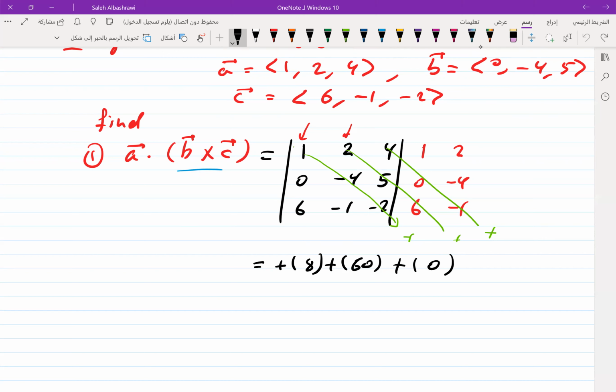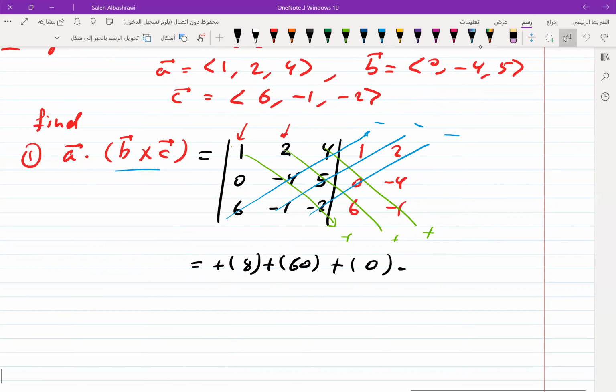Now for the negative signs, move in this direction. These are negative, negative, and negative. So it will be minus 6 times minus 4 is 24 times 4 is minus 96. Minus 1 times 5 times 1 is minus 5.